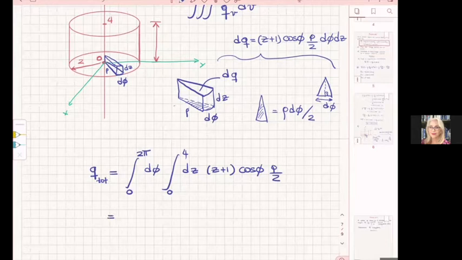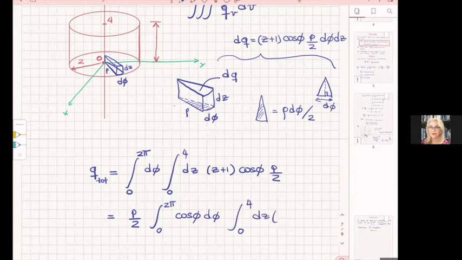Okay, so how do we do that? It's going to be rho over 2, and rho is going to be 2, it's the whole dimension that they gave us, but say rho over 2. And then it's going to be the integral from 0 to 2 pi of cosine phi d phi, and the integral from 0 to 4 of dz z plus 1.